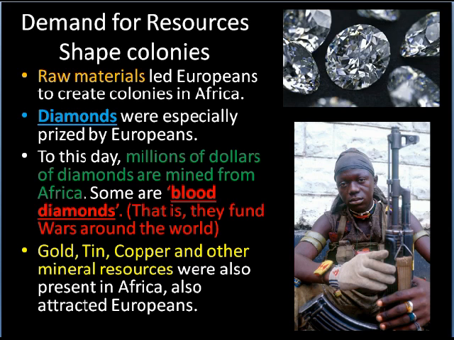To this day, literally, millions of dollars of diamonds are mined from Africa. Some of these diamonds are what are called blood diamonds, and there's a great deal of information on this on the internet, but here's what I will tell you about that. Blood diamonds basically are diamonds that are mined in Africa and then are sold to fund wars around the world.